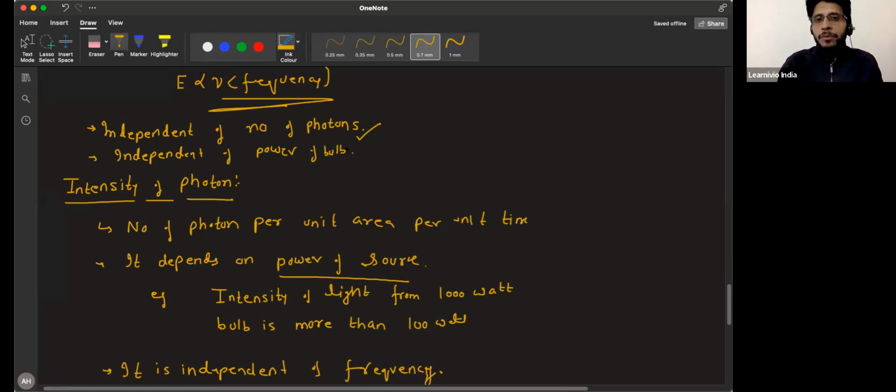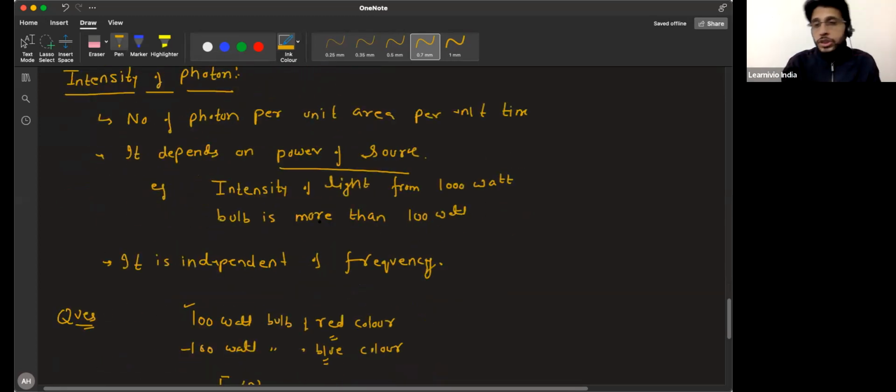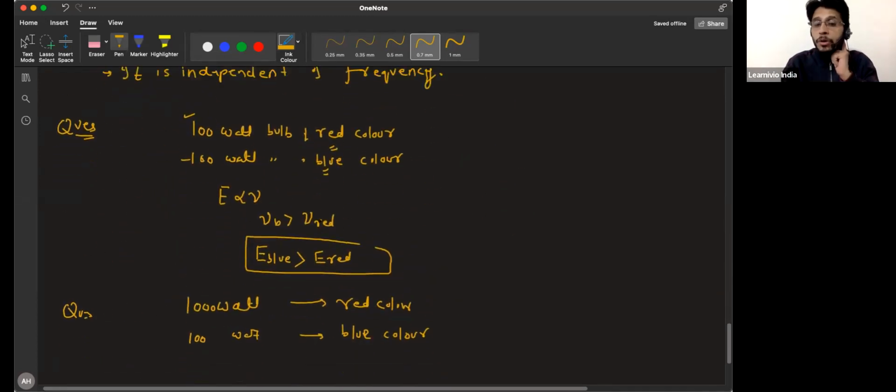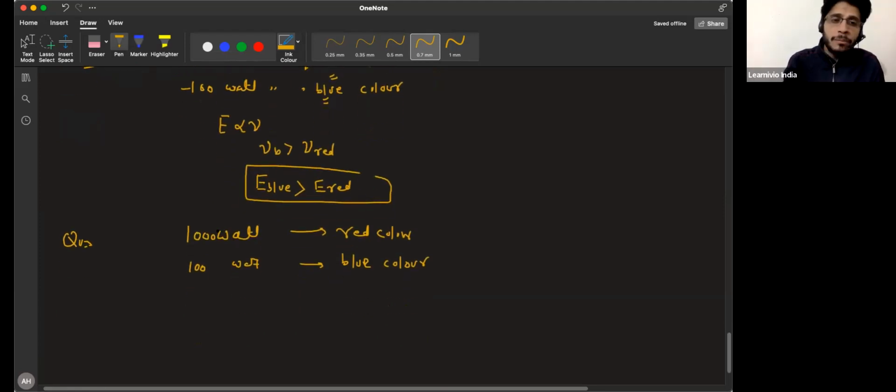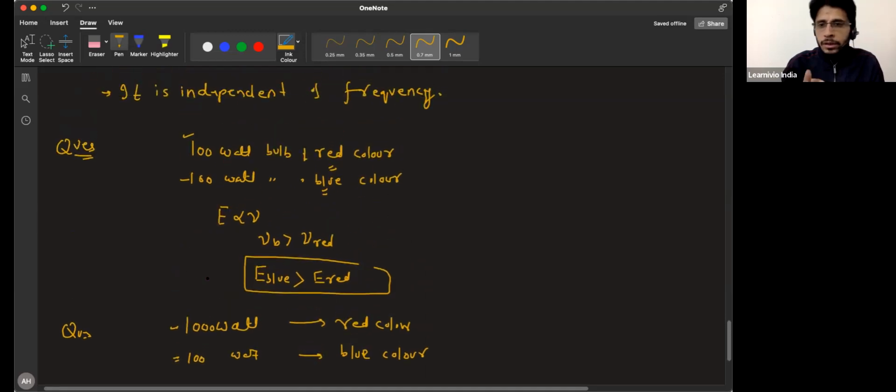So if you take a red bulb of 10 watt and a red bulb of 1000 watt, both the photons coming from both the bulbs will have same energy. But on changing the power of the bulb, number of photons will change. Intensity will change. Bulb of 1000 watt will emit more photons than the bulb of 100. Is it clear, everyone?